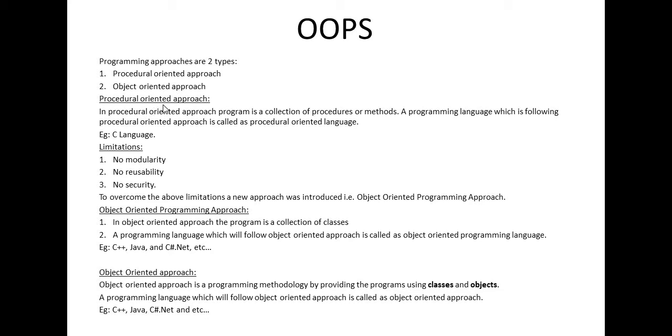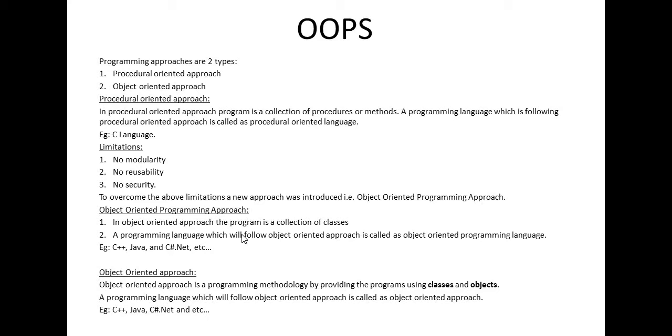What is the procedural oriented approach? What are its limitations? What is one example of it? Another approach is the object oriented programming approach. What is it and what does it contain?